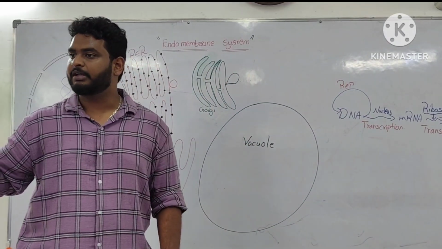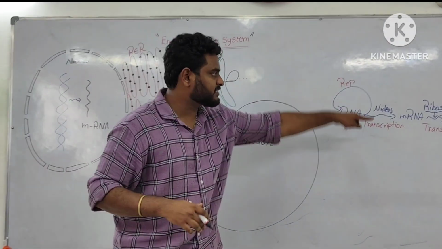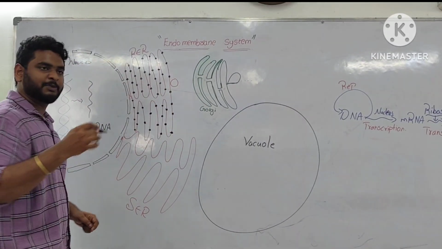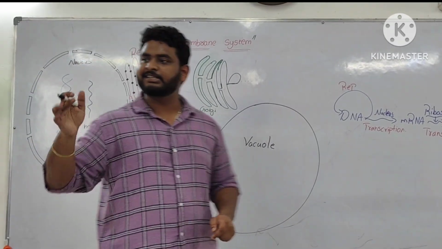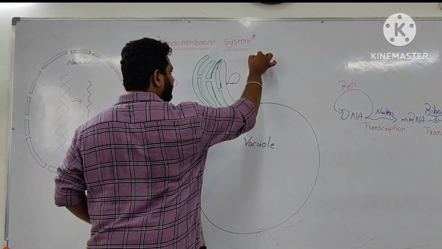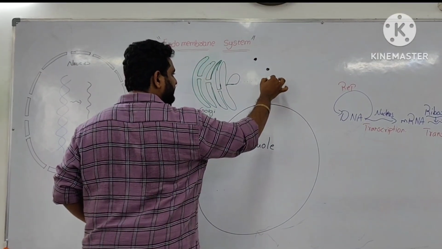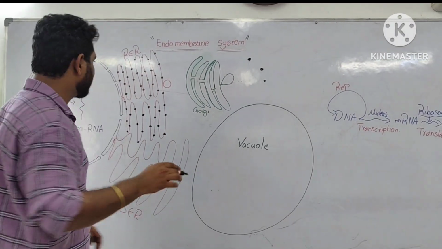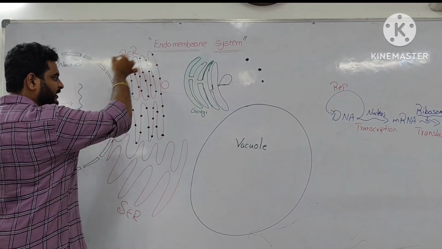In order to get converted into proteins, it has to reach ribosomes. Now, where are these ribosomes present? Generally, in eukaryotic cells, ribosomes are present in the cytoplasm. Along with that, ribosomes are also present on the endoplasmic reticulum.